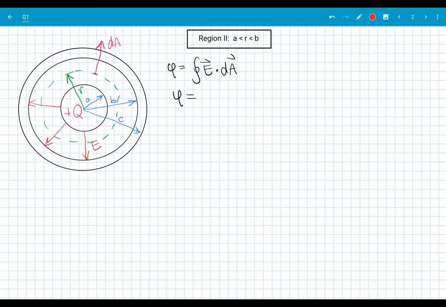I'll just draw it in over here, from the positive styrofoam ball to the shell, radially outward, basically, again. So I know I've got that. That tells me that E and dA are parallel again. So what I end up with here, I'll write this out again, where E is parallel to dA.